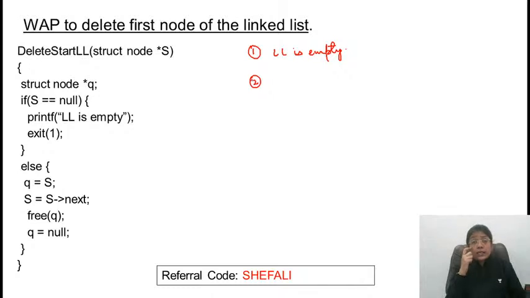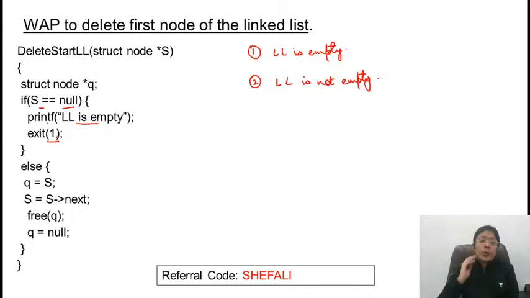If linked list is containing only one node, then the first node will be deleted. If linked list is containing n nodes, then also the first node will be deleted. This means that in no scenario do you need to traverse the linked list. In any case you don't have to traverse, so in this case you will have only two cases: when the linked list is empty and when it is not empty. If the linked list is empty, this means that S is equal to null. So it will print that linked list is empty and it will exit from the function.